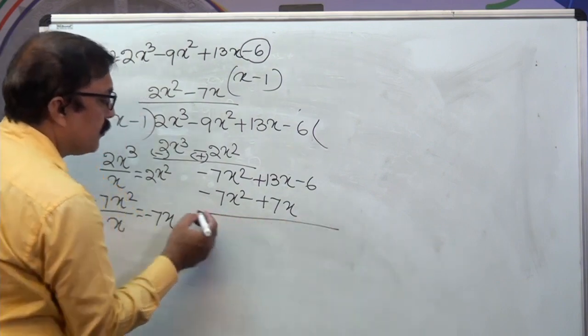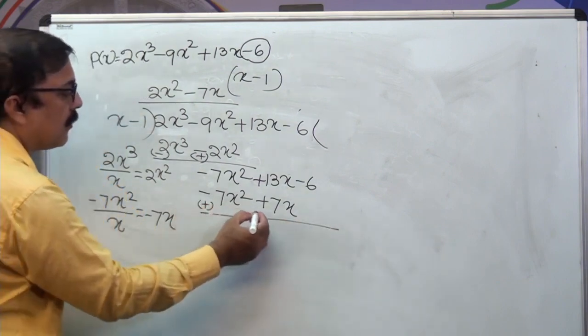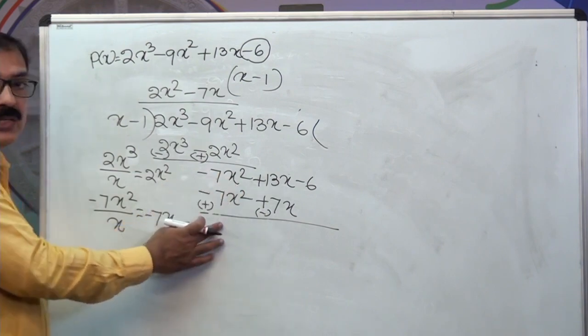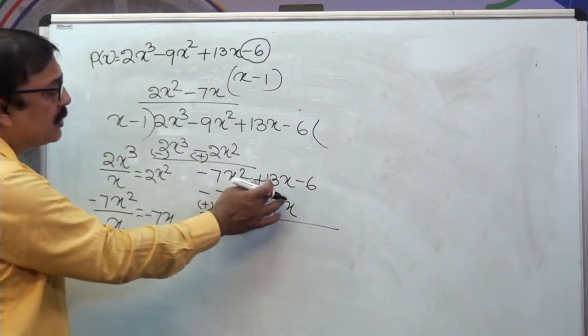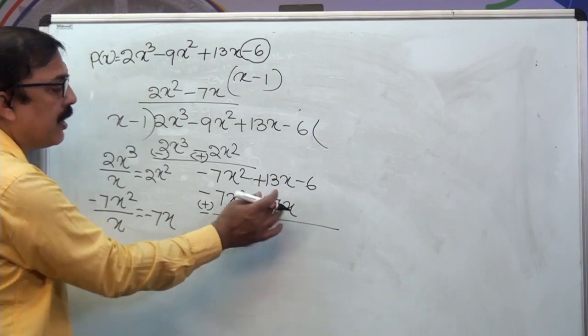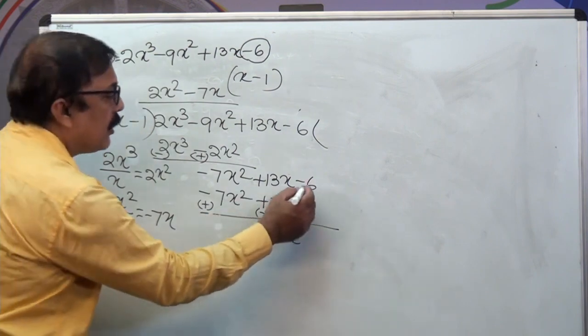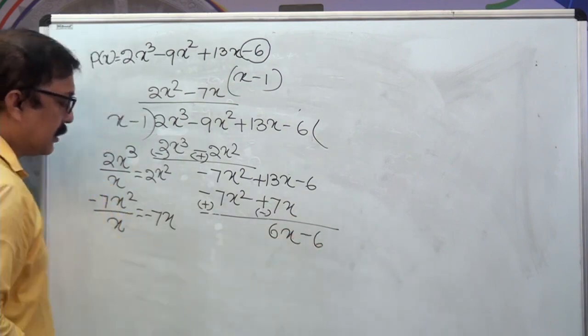Now change the sign. −7x² plus 7x² is 0. 13x minus 7x gives 6x, and here it is minus 6.